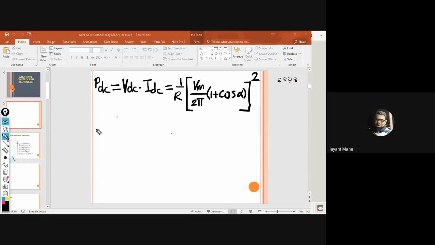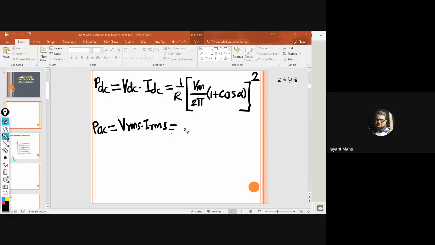Then the PAC. PAC is VRMS into IRMS. Just now we have calculated the RMS value.